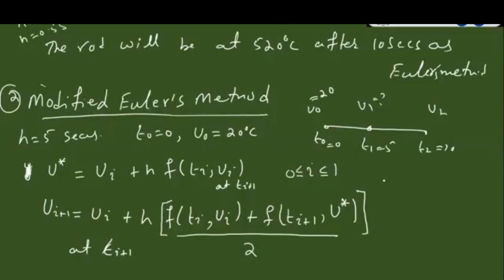This is how the scheme will work. In Euler's method you need to perform only one calculation per step, but here you have to perform two calculations each step. First you find u star, and then using u star and this solution you predict the solution at the next time step. So that's the main difference: in modified Euler, you perform two calculations in each step, based on the previous data.